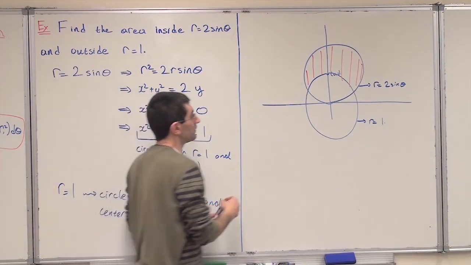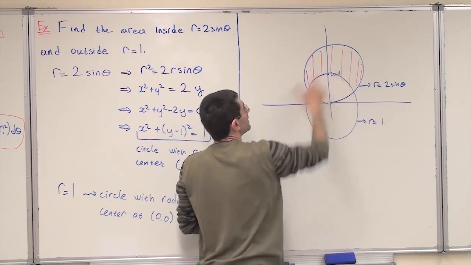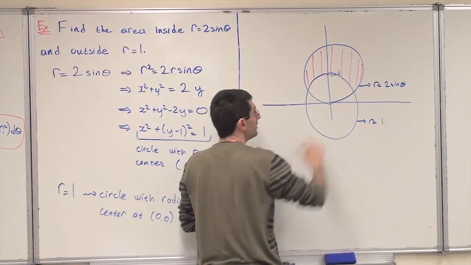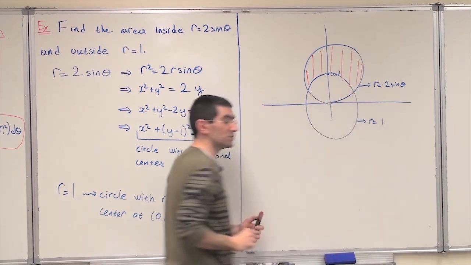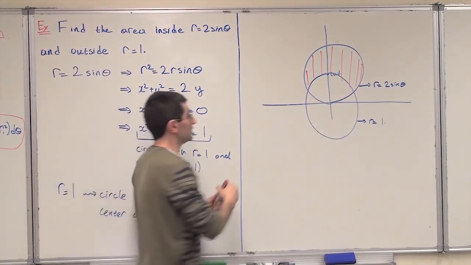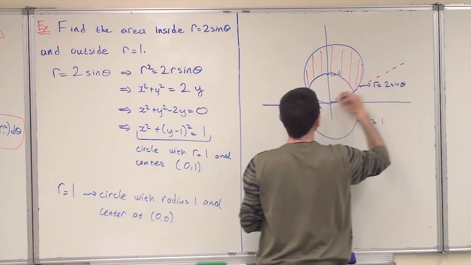To be able to find the integral which calculates this red area, we need to find next the intersection points of these two polar curves. So let me first mark them on the picture.